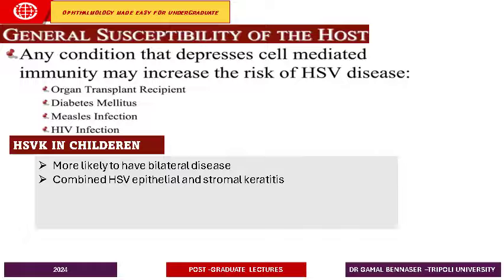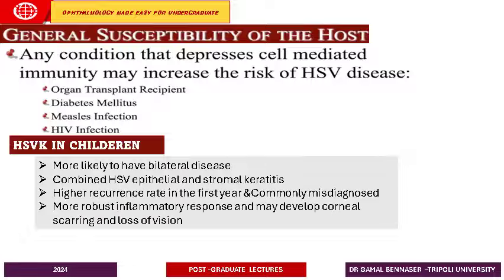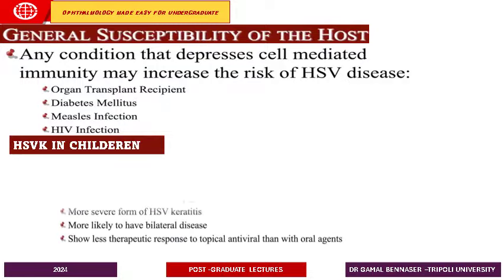Also, the combination of both epithelial and stromal keratitis is more common in children as compared to adults. Also, there is a high recurrence rate, especially in the first year, because it is commonly misdiagnosed and the patient does not receive antiviral treatment. So the recurrence rate is very high within the first year. And usually the inflammation is severe and robust and ends up with severe scarring. So special care should be taken in children with HSV keratitis.